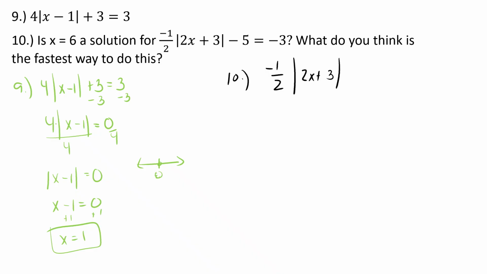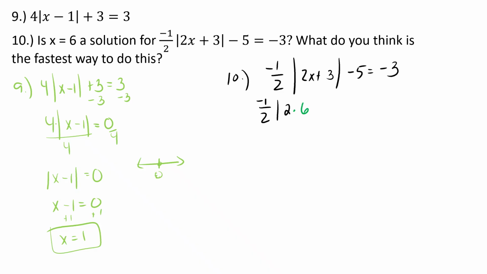Now, debatable how awful this is, but I don't think it's too terrible, but anyway, you might not want to do it. So you can disagree, but I think the fastest way to do this is probably plug in the 6 for the x and see if you get something that makes the equation true.